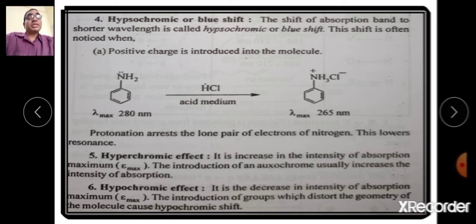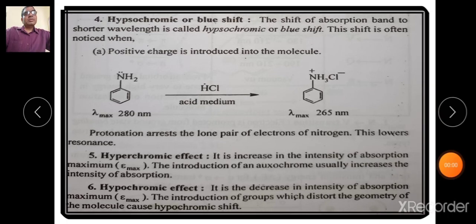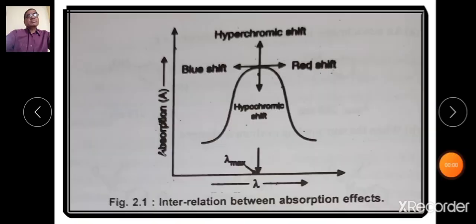Now all these, that is bathochromic shift, hypsochromic shift, hyperchromic effect and hypochromic effect, can be shown together as in the next diagram. The diagram shows the interrelation between these effects. In the diagram, the wavelength lambda is taken on the x-axis while the absorption is on the y-axis. Now we have studied the red shift.